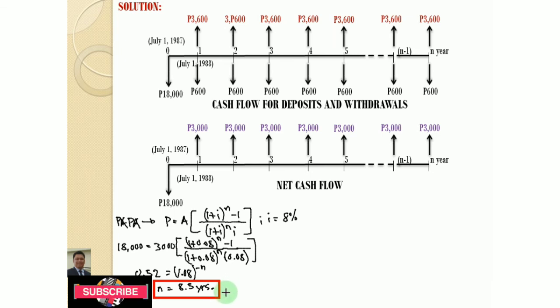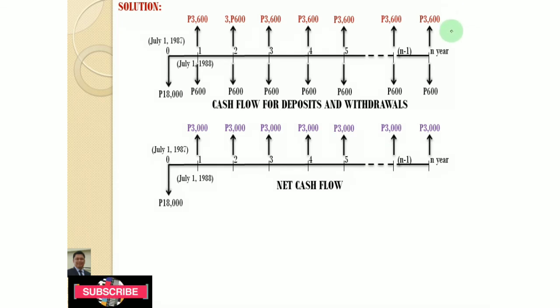So it is expected that in 8.5 years the fund of the PIC organization is expected to be equal to 0, or maybe almost zero. Okay, so we are done with our first question, and next we are going to the next question.